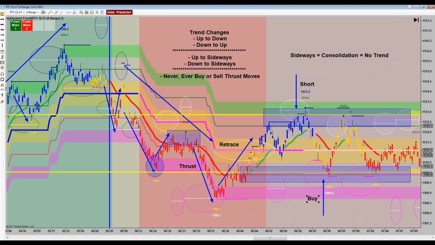Now, we made our determination that the range is tradable because it's over 20 to 25 ticks. It's almost 30 ticks. So the answer was yes, it's tradable. Now, there's a couple of ways to look at how you're going to trade it.